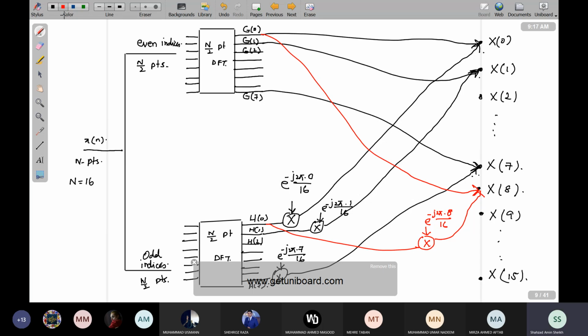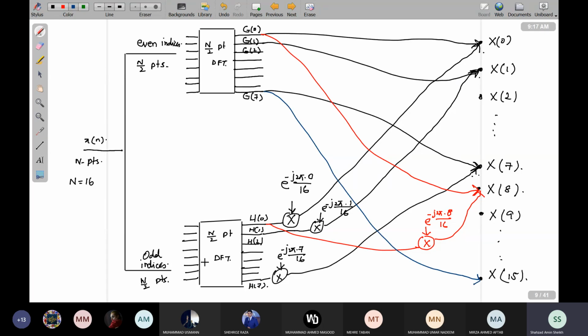And similarly, if I'm going for x of 15, in that case, g7 will be used. That would come over here, and you will be taking h7. That would be multiplied with exponential minus j 2 pi 15 divided by 16, and that is being added to this.